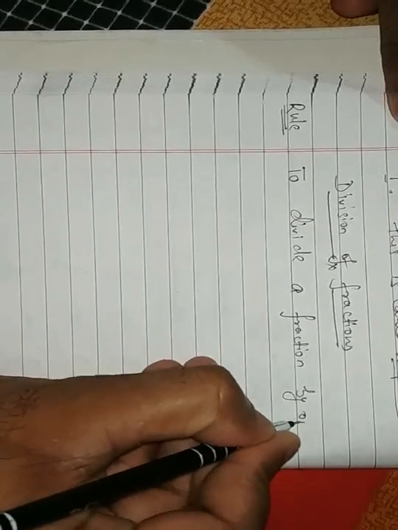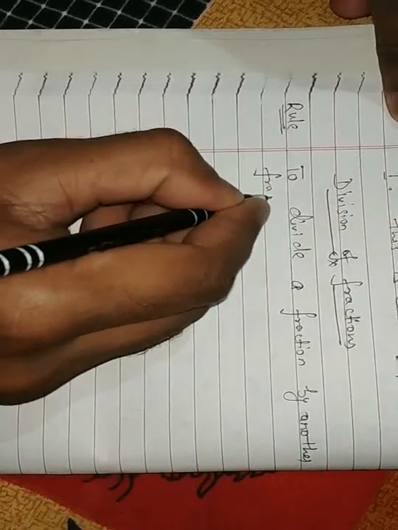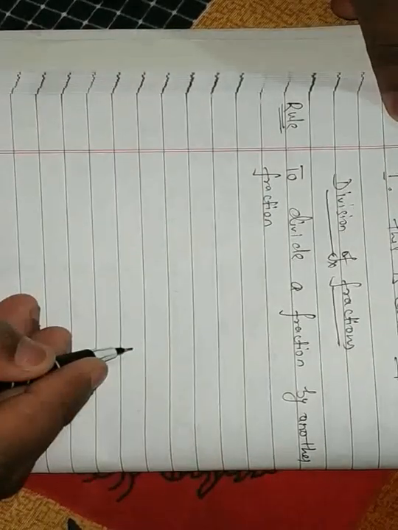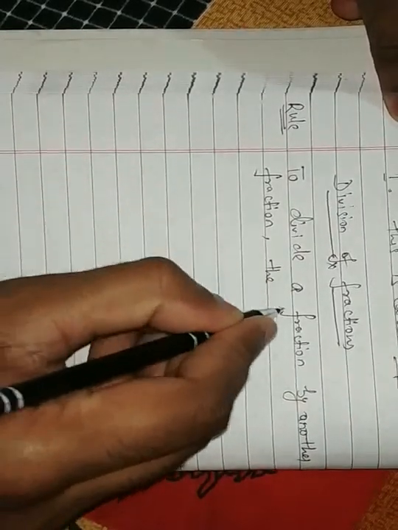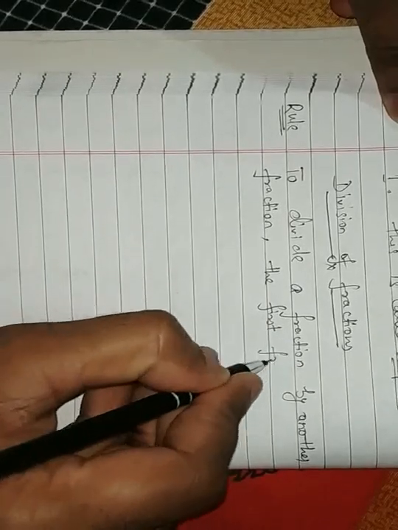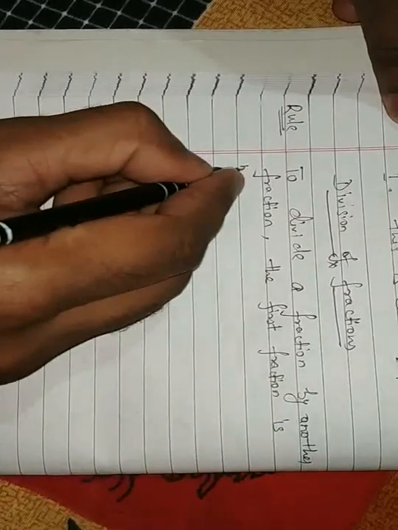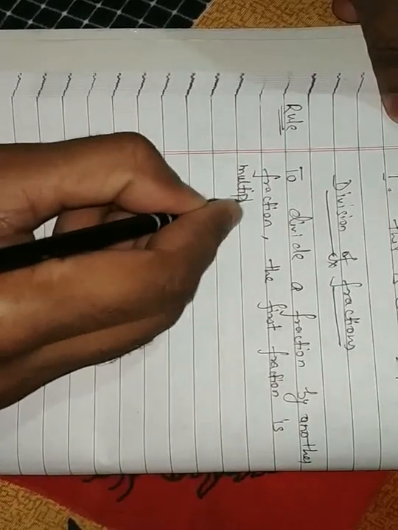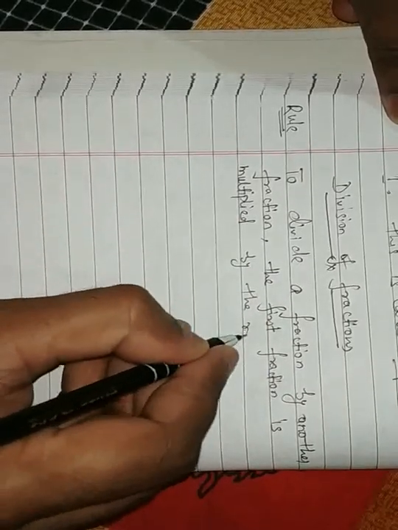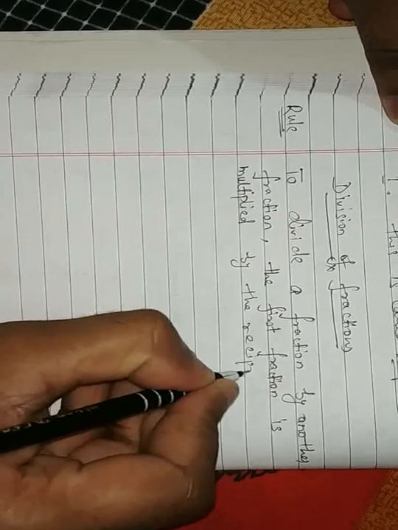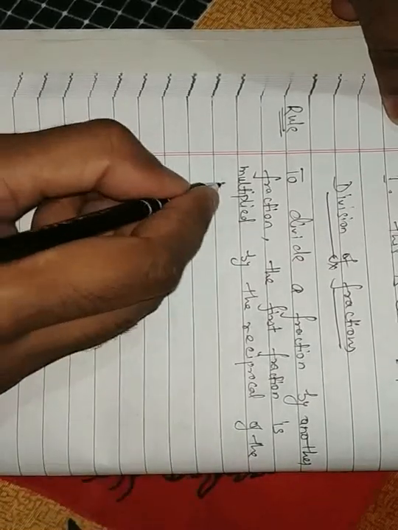To divide a fraction by another fraction, the first fraction, or the original fraction, is multiplied by the reciprocal of the second.